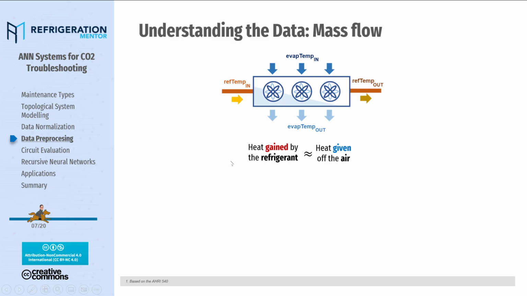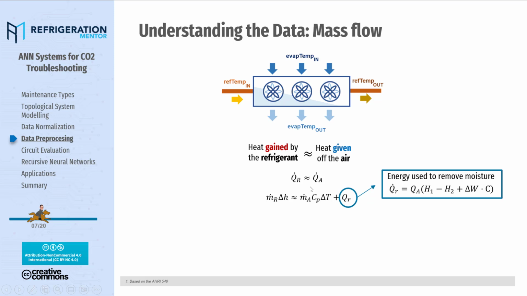So the mass flow for the compressor is calculated to the AHRI standard, and on the other hand, the mass flow from the air thrown by our fan is multiplied and has an addition with another value, which is the energy used to remove moisture.